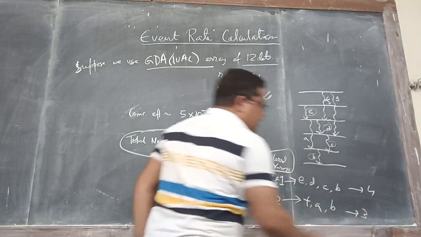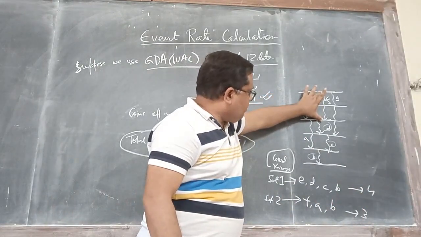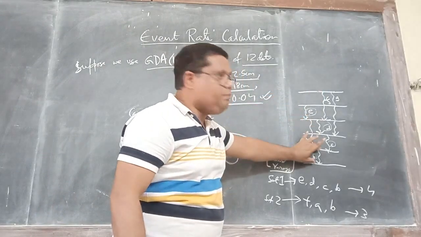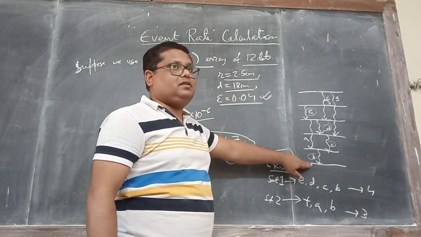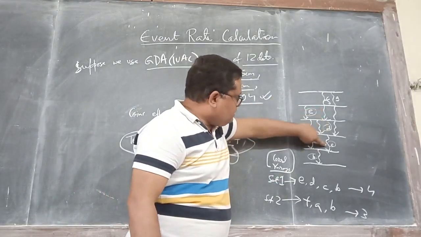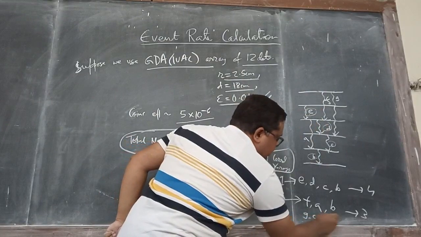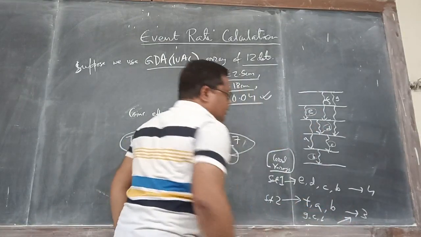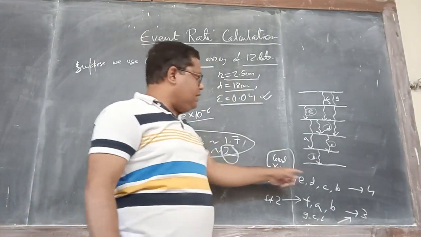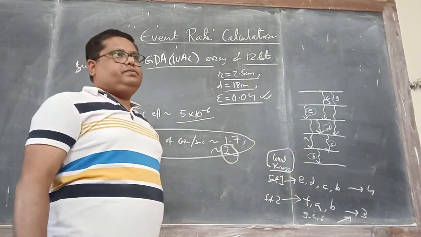Here the number is 3. F, then A, then B, this is a coincidence. Next, G, C, B: again the number is 3. So the maximum here is 4 correlated gamma rays in this example.